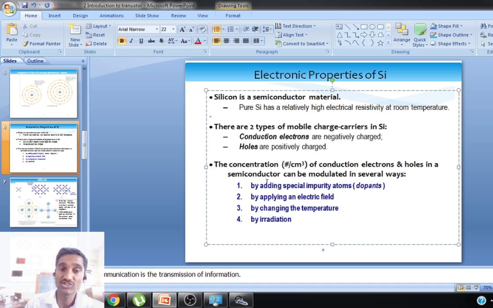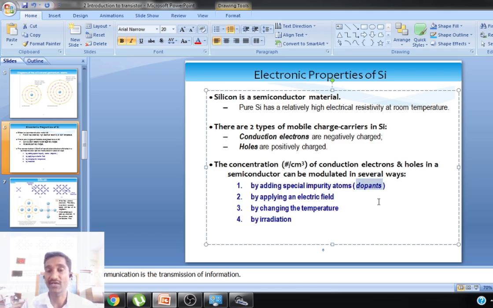And how can we change this resistivity of the semiconductor? By these processes. One is by adding external atoms, which is nothing but the doping process. By adding special impurity atoms to the semiconductor, this process is doping.